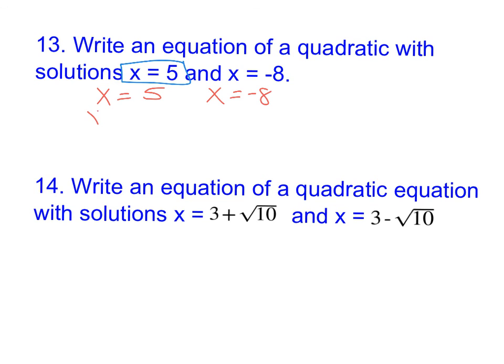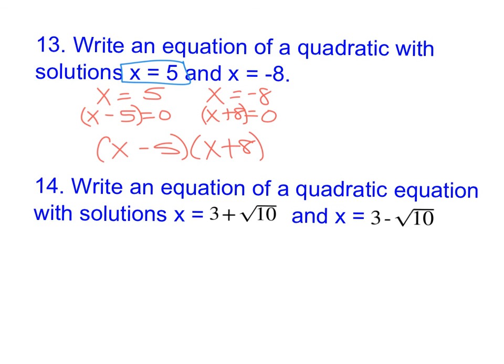So I'm going to move the 5 over. I'm going to move the 8 over. So these two are my factors. X minus 5 times x plus 8. So my equation is, if you FOIL all that out, x squared plus 3x minus 40.